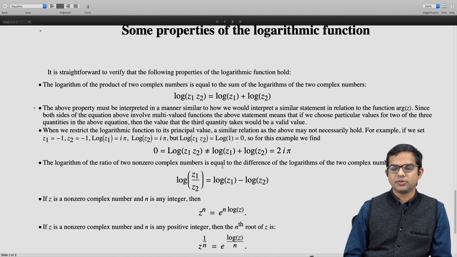And so if n were not an integer but 1 over an integer, then you're looking at the nth roots of a complex number, z to the 1 over n.